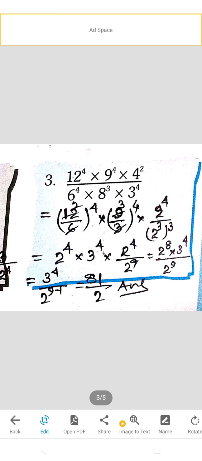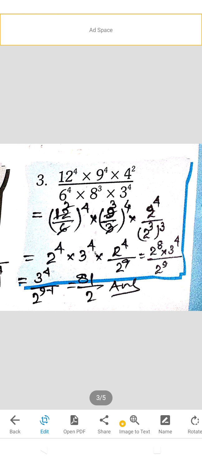Now question number 3. It can be written as 12 raised to the power 4 multiply 9 raised to the power 4 multiply 4 square by 6 raised to the power 4 multiply 8 raised to the power 8 cube multiply 3 raised to the power 4. So look at here, 12 and 6 exponents are 4 4, so it can be written as 12 by 6 raised to the power 4 and 9 by 3 raised to the power 4.